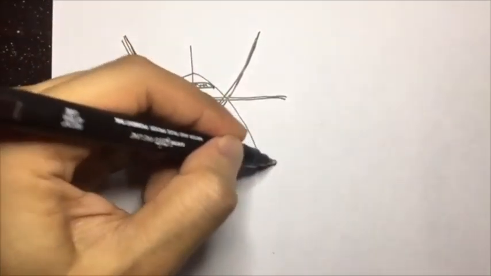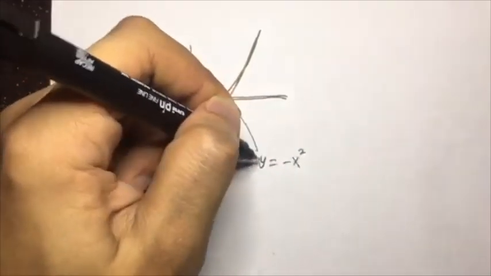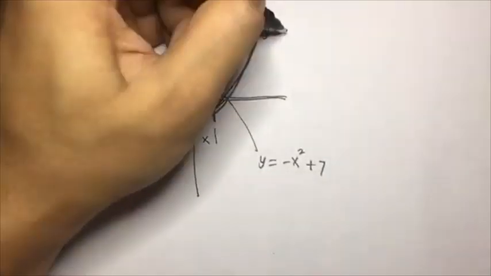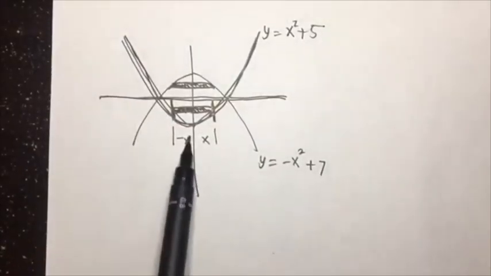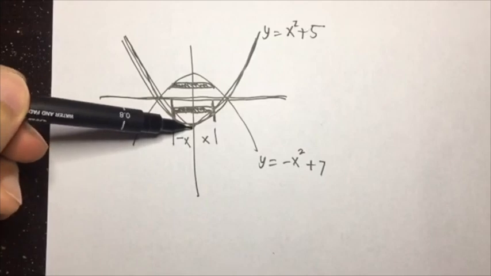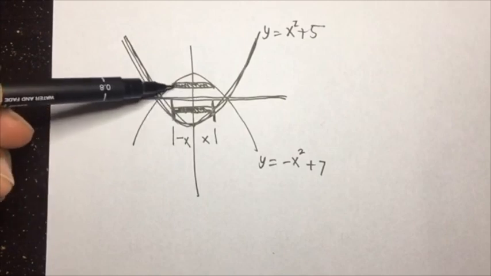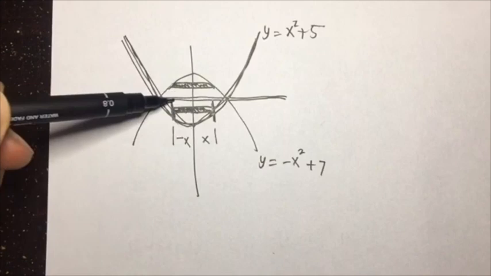So this is y is equal to negative x squared plus 7. The other one is y is equal to x squared plus 5. As you can see, when you go from bottom to top, the boundaries of the strip will change here in the middle.